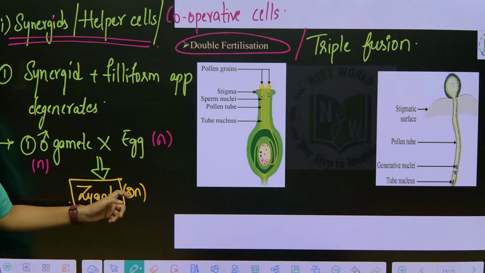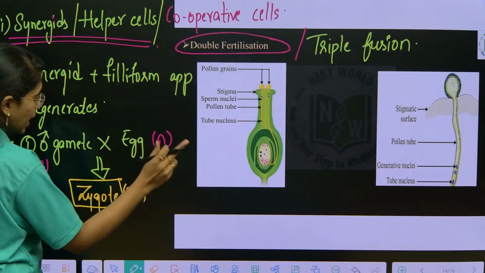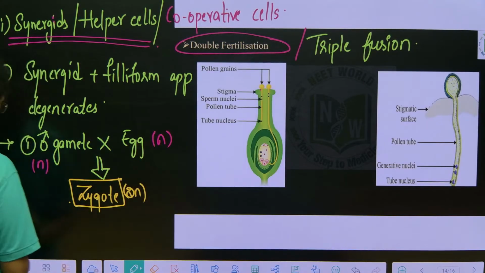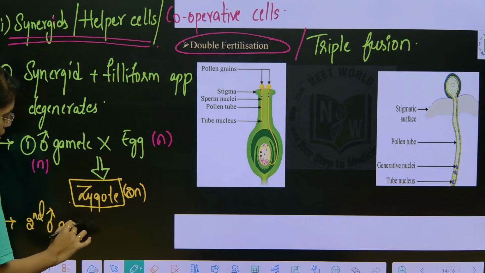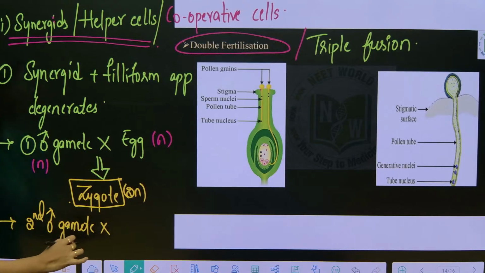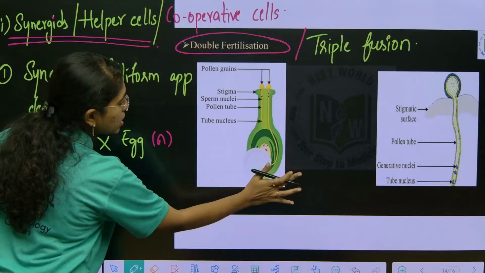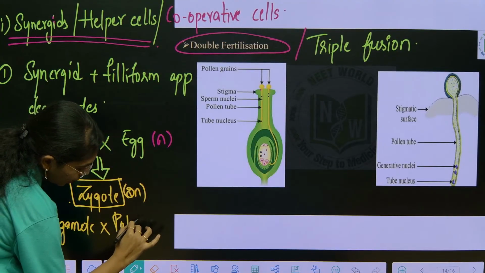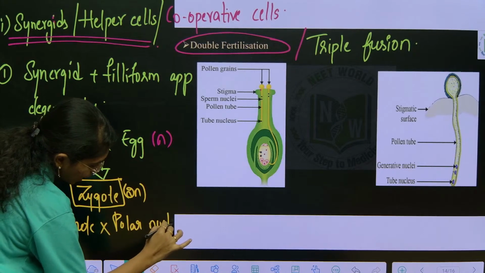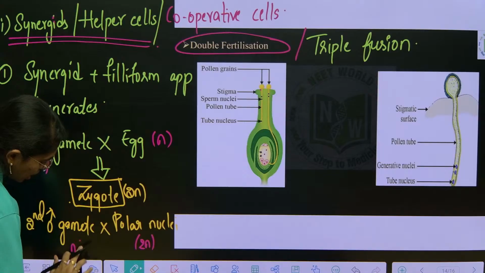First thing, after the formation of zygote, the second male gamete will fertilize the polar nuclei, or central cell, which is present at the center. This is diploid and this is haploid.